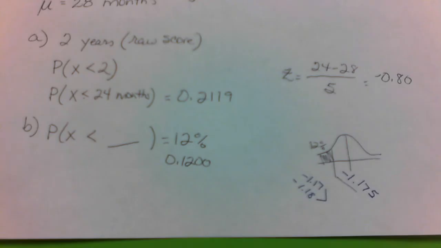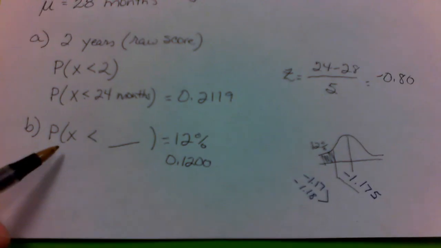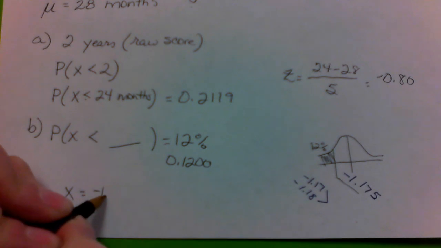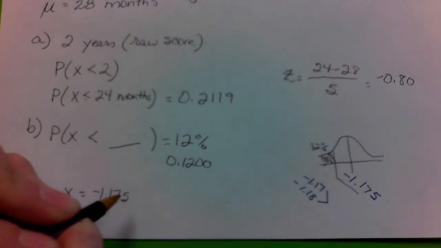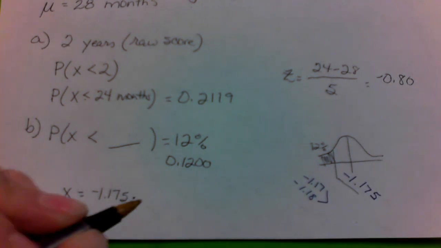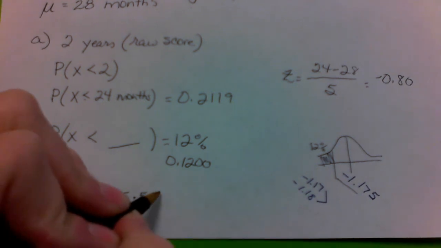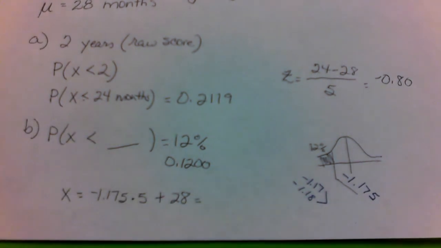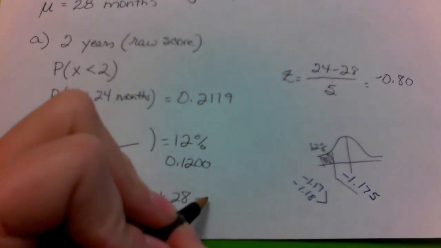So that is the z value that we use, but what we're looking for is x. So x is z, negative 1.175, times sigma, which was given as 5 months, plus mu, which was given as 28 months. So when we do those calculations, we get 22.125.